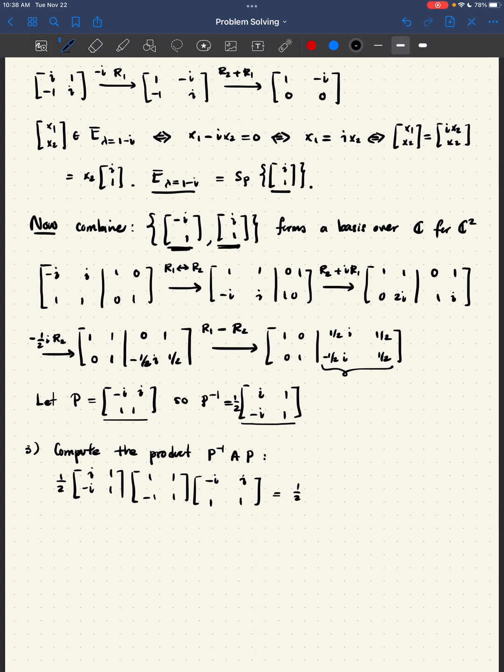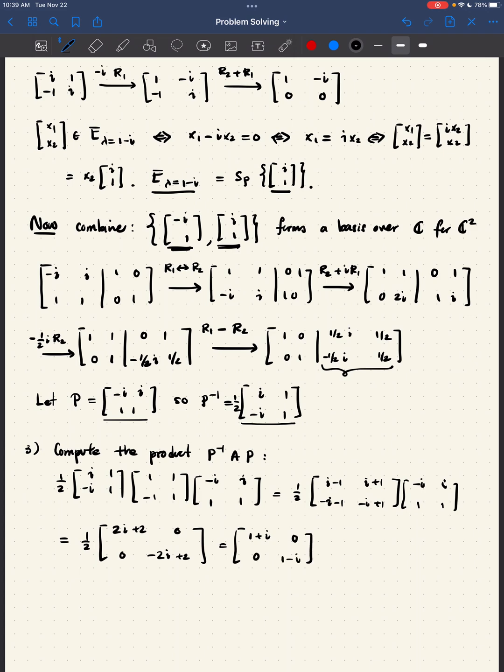This is 1/2 times the matrix i minus 1, i plus 1, negative i, negative 1, negative i plus 1, times negative i, 1, 1, which now we may reduce to 1/2 times 2i plus 2, 0, 0, negative 2i plus 2, and then in its simplified form, 1 plus i, 0, 0, 1 minus i.